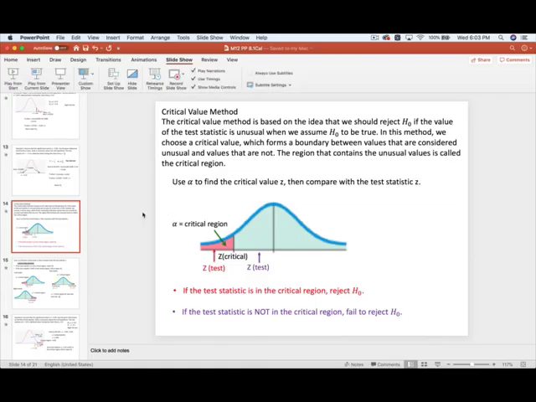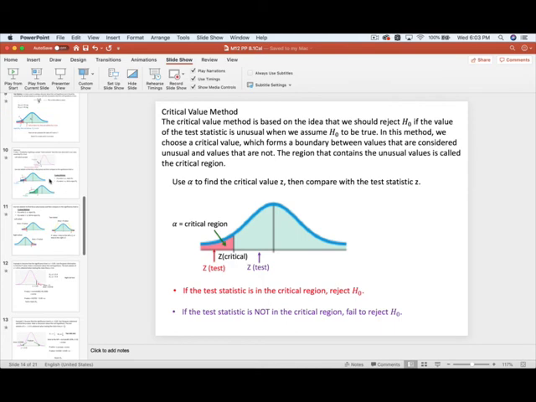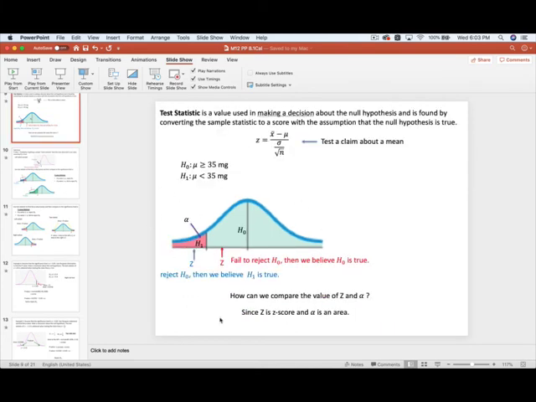Okay, let me review a little bit from here. Remember that we talked about it. If your test statistic is located inside the alternate hypothesis region, we know this is going to be reject. If your test statistic is located in here, the null hypothesis, we know this is going to be fail to reject.